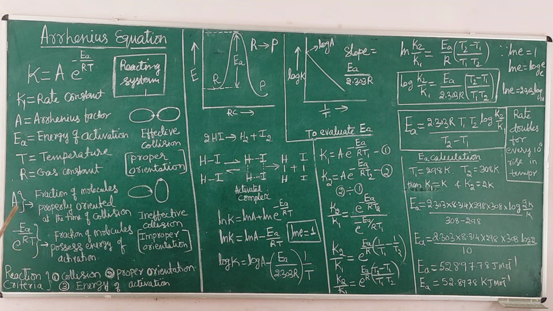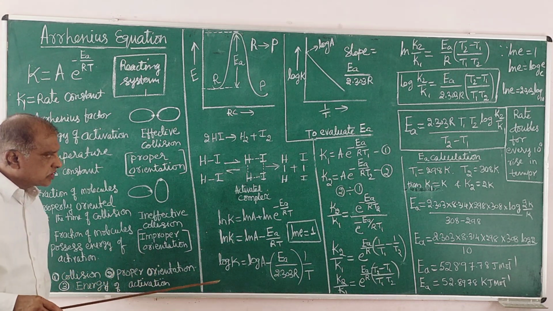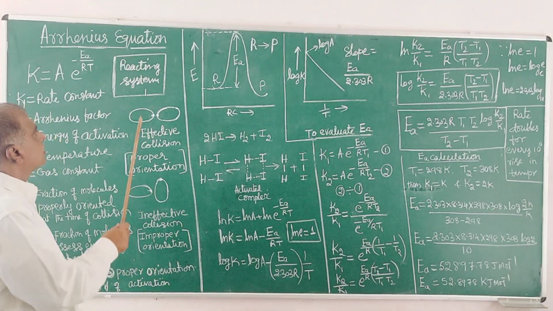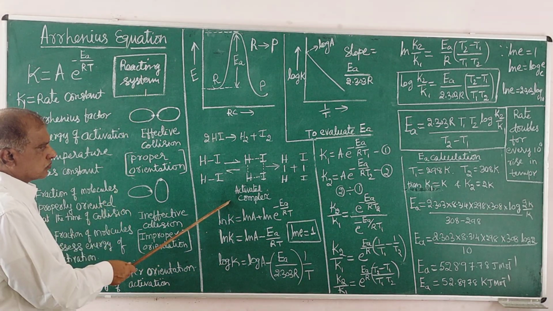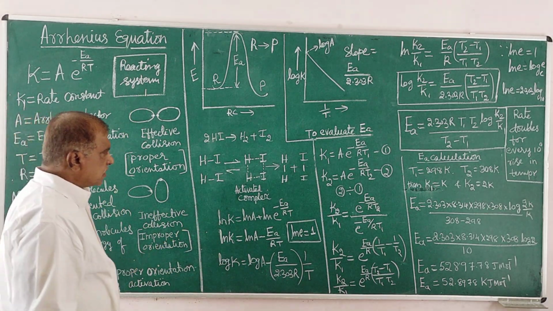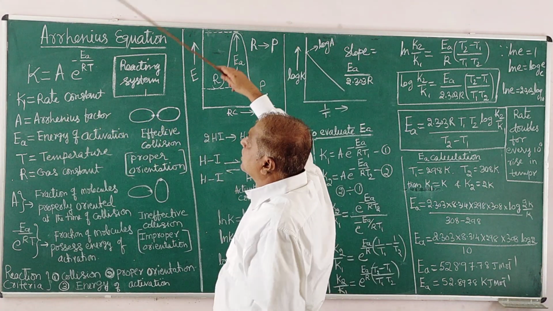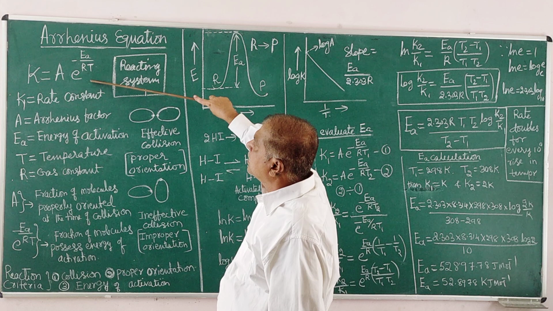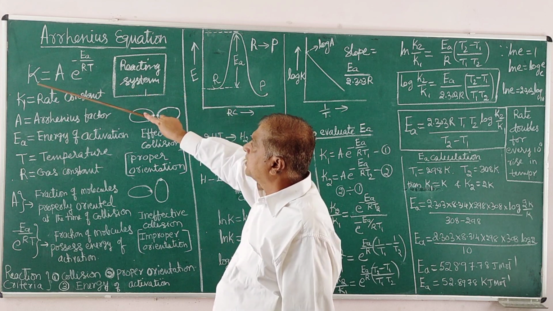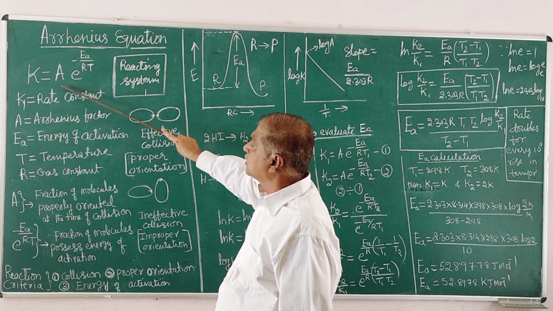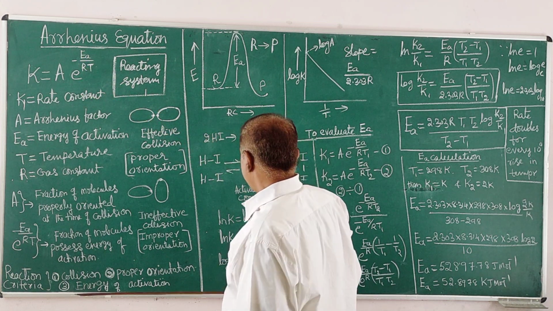These are the three things needed to explain why the reaction takes place in the system. This is the meaning hidden in the empirical relationship between the rate constant and the energy of activation, temperature and the Arrhenius exponential factor.